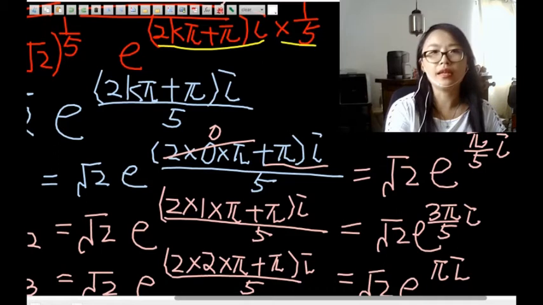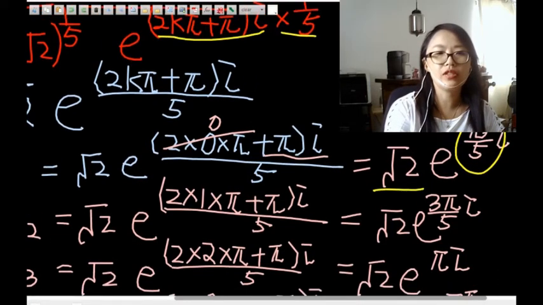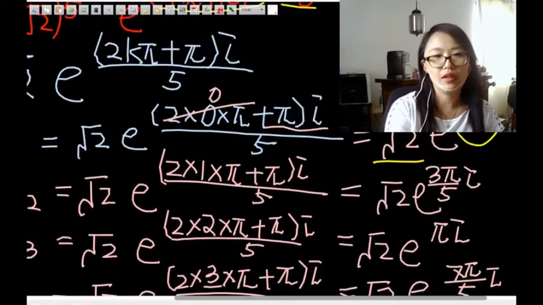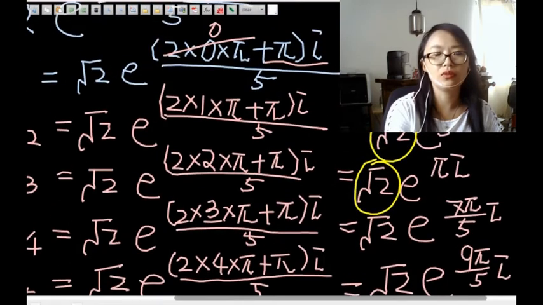So in this case, the argument is pi over 5. And the magnitude is root 2. So in fact, if you check these 5 roots, their magnitudes are always the same. They are always root 2.